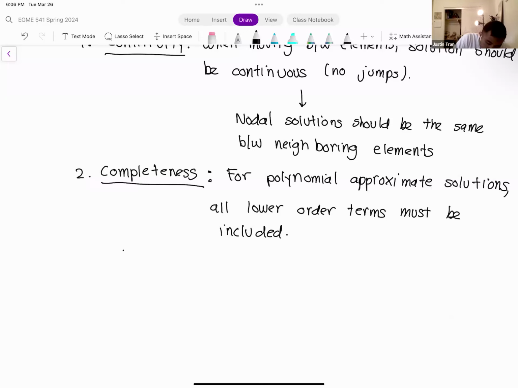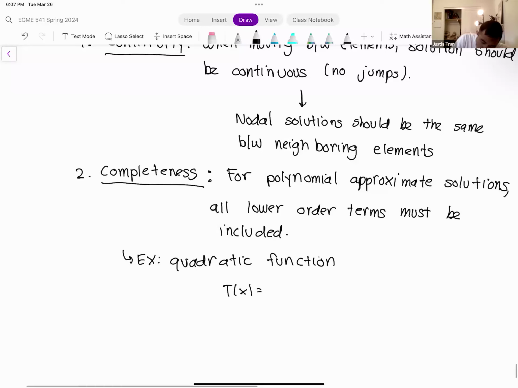So for a quadratic function, a quadratic function has a highest order term of two, right? So we have a second order polynomial.